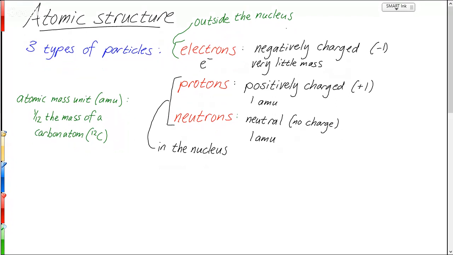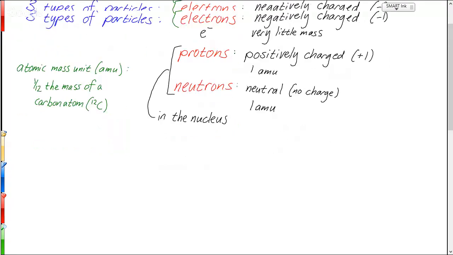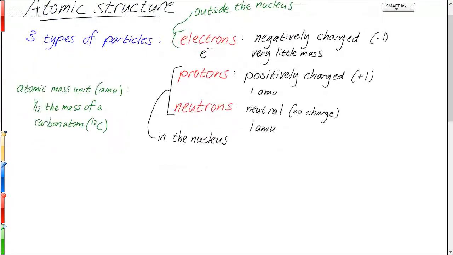All right. So let's figure out how many of each of these things are in a given atom. Does anybody know how you can find that out? Yeah, the periodic table has some numbers on it, and those are going to have something to do with this.